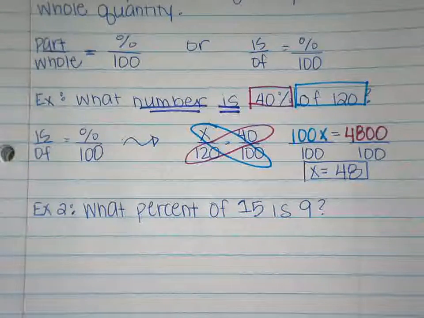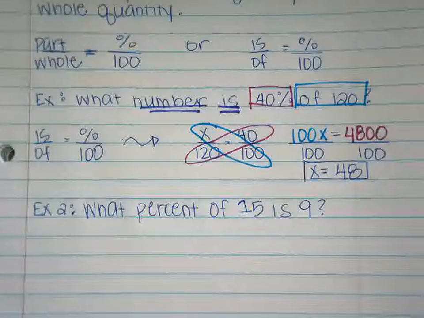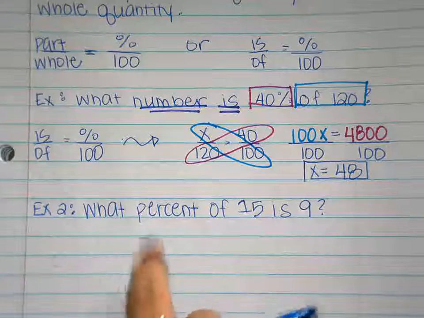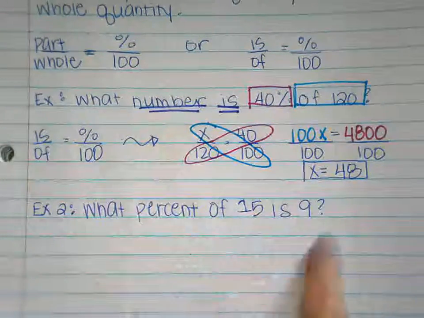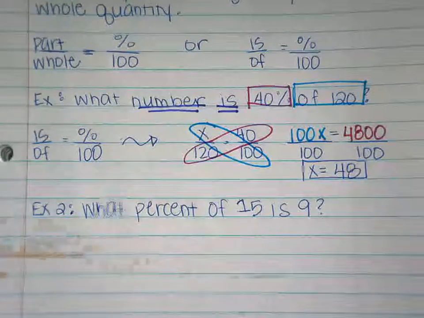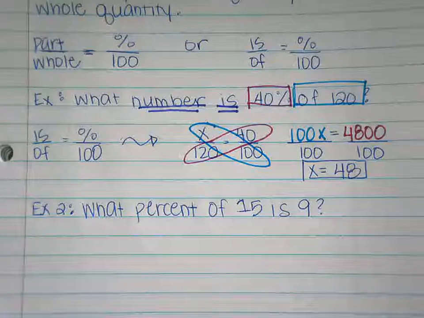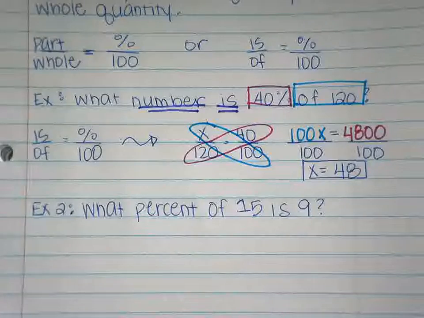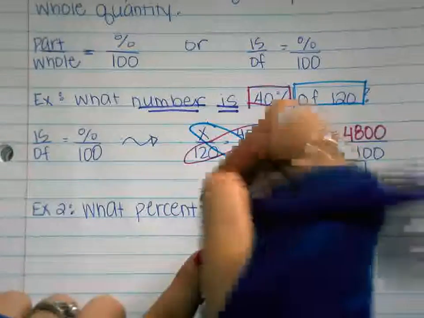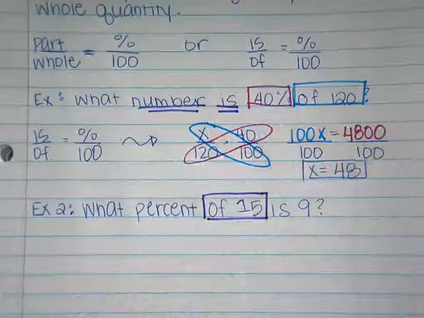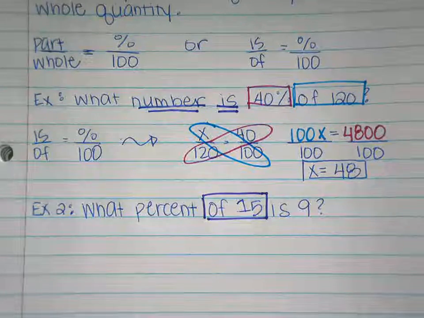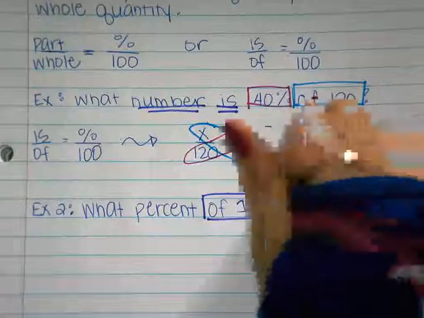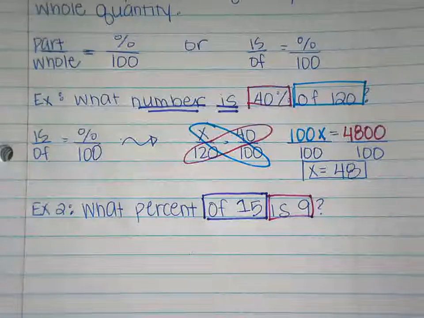Now, I know that we could do this one in different ways that I've taught you, right? But we're learning this way right now, so do we have to do this method? Yes, we do. So, what should I circle as one of my key numbers? Of 15. What's another one of my key numbers? Is 9. What am I trying to find?